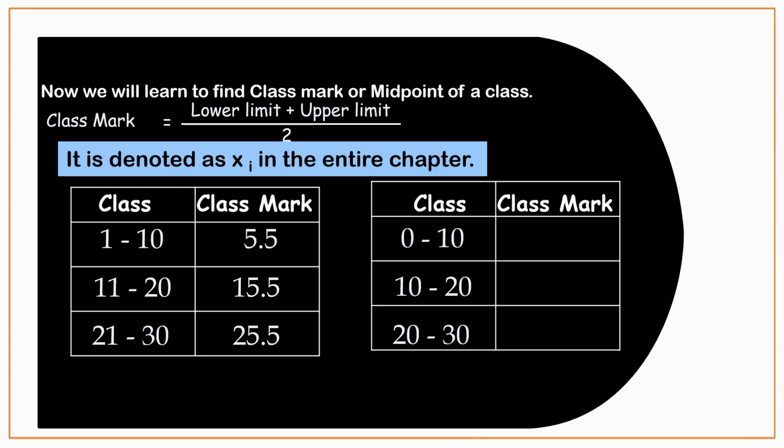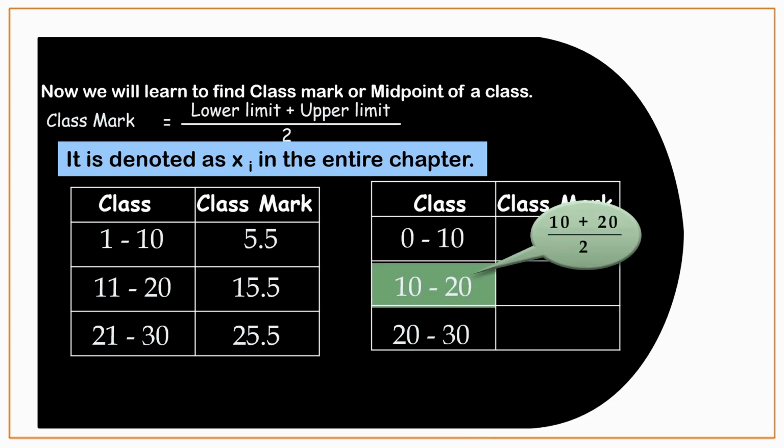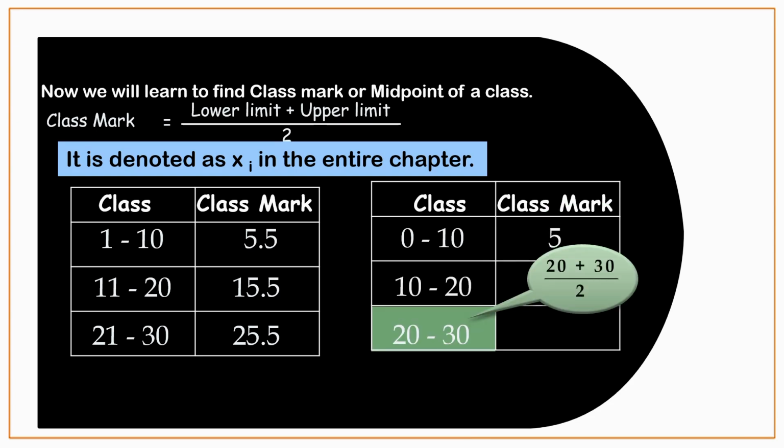That is 0 to 10, 10 to 20, 20 to 30. Now in the same way we have to find the class mark, that is 0 plus 10 by 2, 5, 10 plus 20 by 2, that will be 15, and 20 plus 30 by 2, that will be 25.